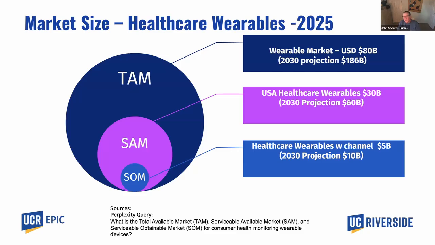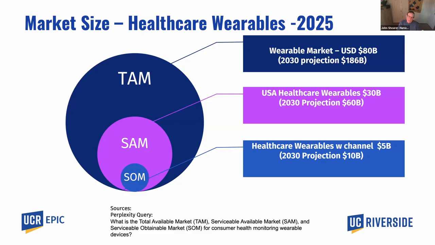As an example, I just went into Perplexity using their Comet query system, and I just put in these words: What is the total available market, serviceable available market, and serviceable obtainable market for consumer health monitoring wearable devices? And in less than a minute, it popped up an amazing amount of information that you can validate.